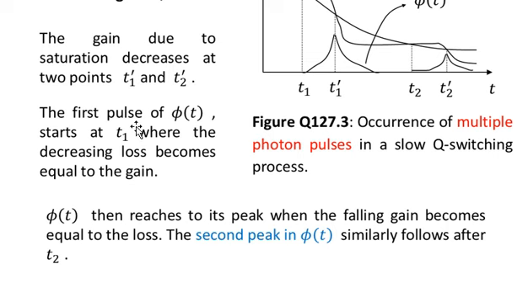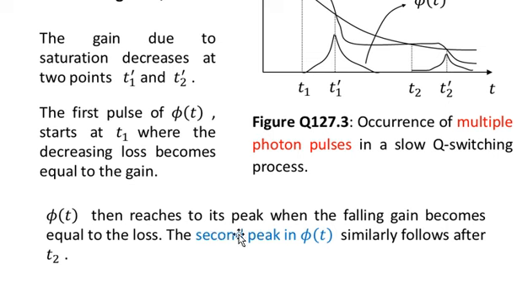The first pulse of phi of t starts at T1, where the decreasing loss becomes equal to the gain. So T1 prime and T2 prime are where the net gain and the net loss become equal to each other, and after that the number of photons starts decreasing.